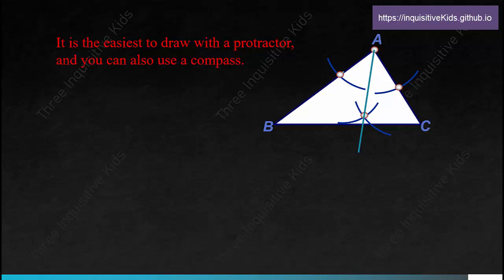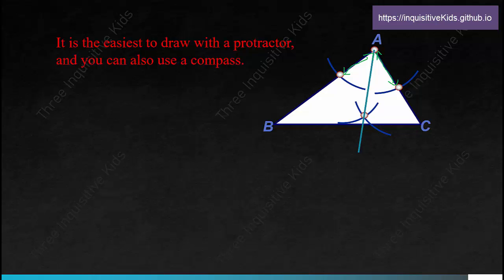You have to make sure that the distance from this intersection with AC to point A is the same as from the intersection on AB to A. So these two distances have to be the same.